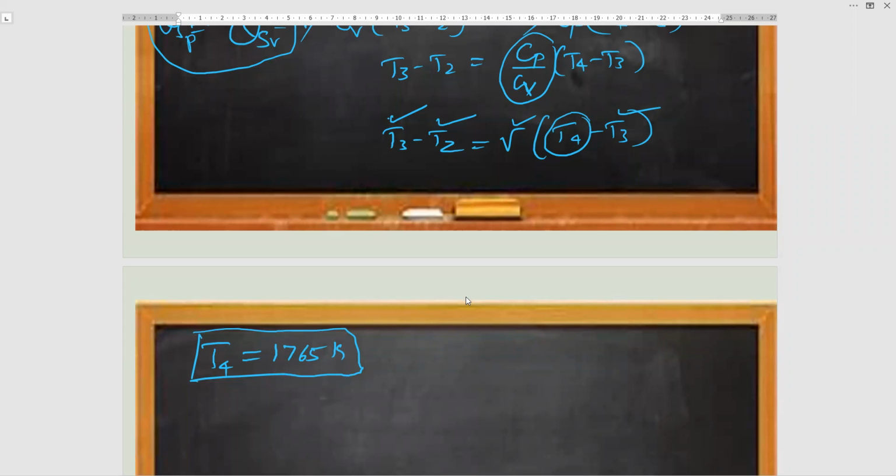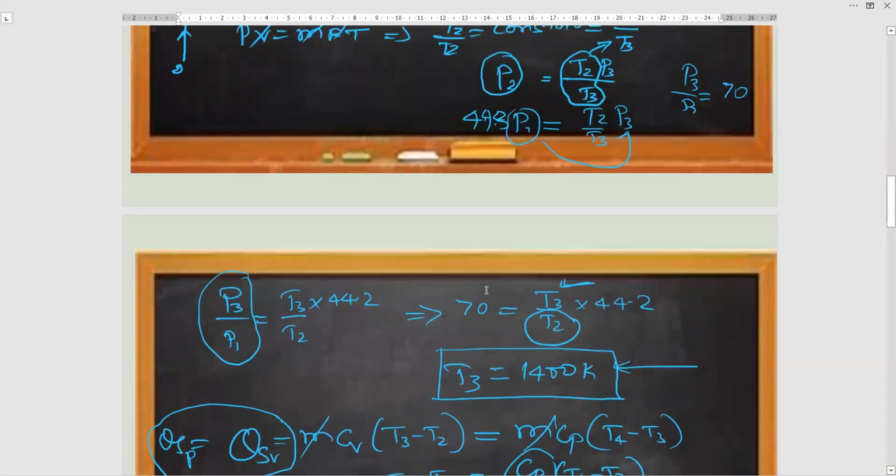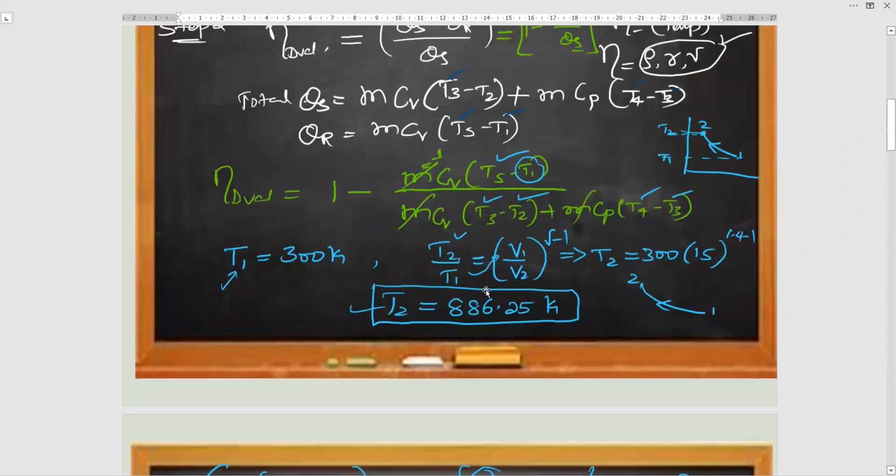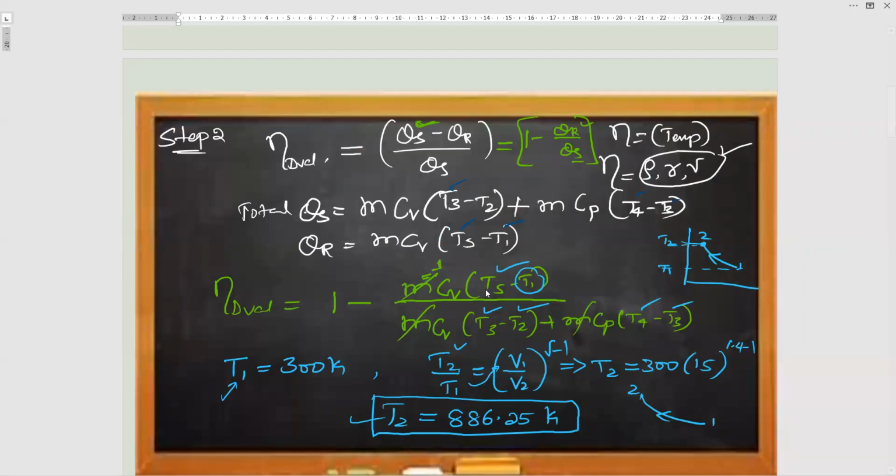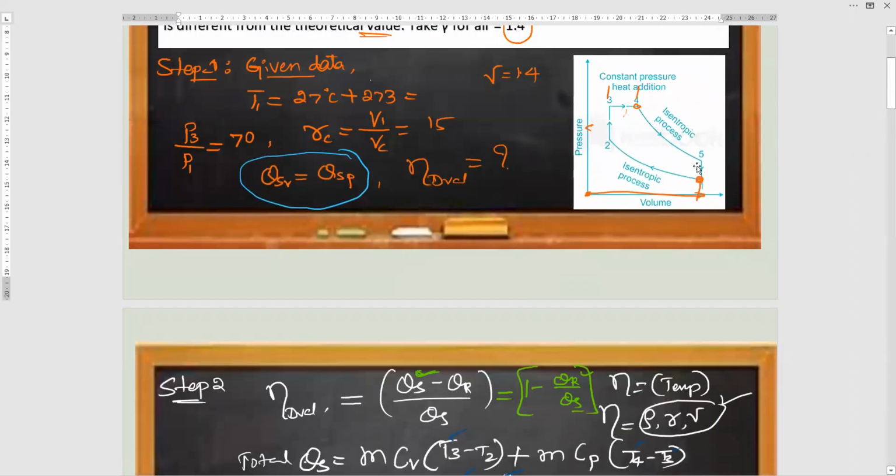Now you have calculated all the temperatures. We'll go back to the efficiency equation. See here, T1, T2, T3, and T4 you have calculated. Only T5 is left. The 4 to 5 process is an isentropic expansion process.